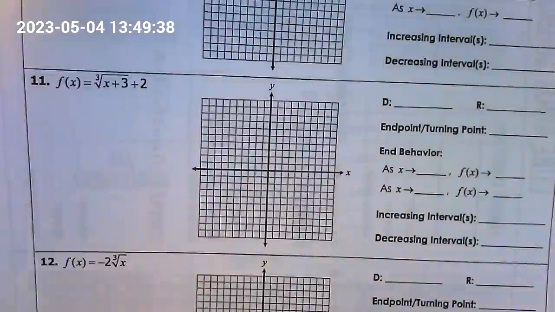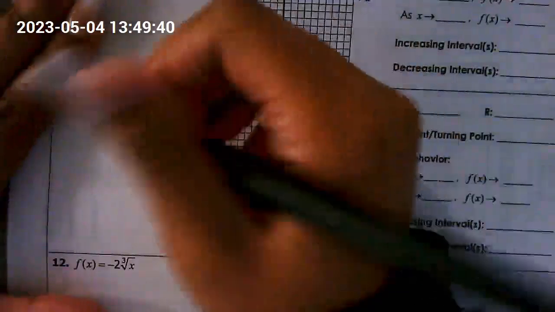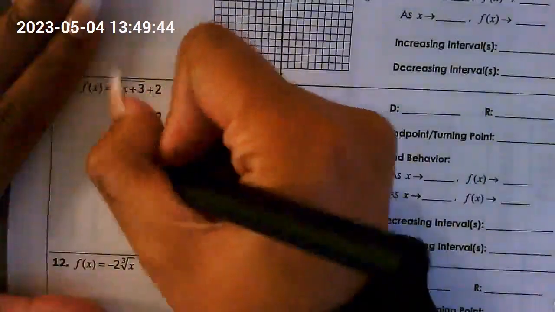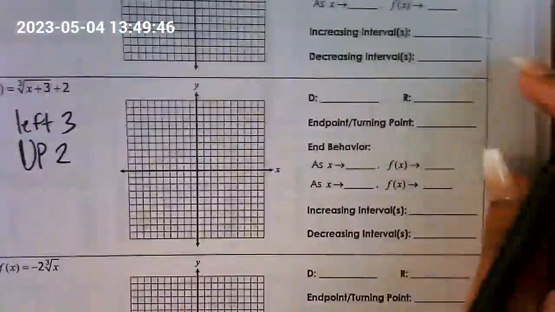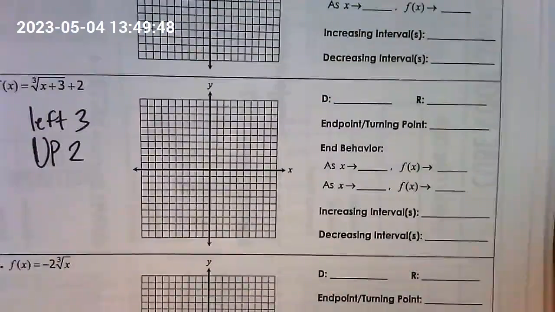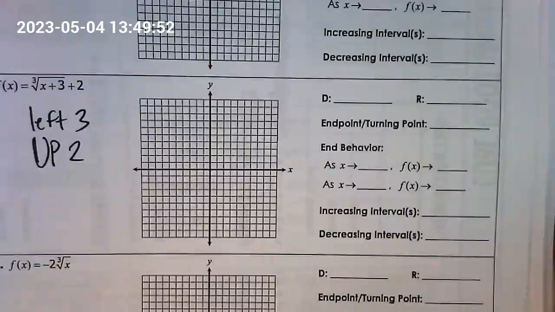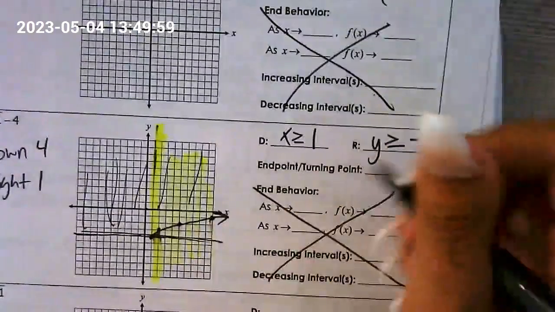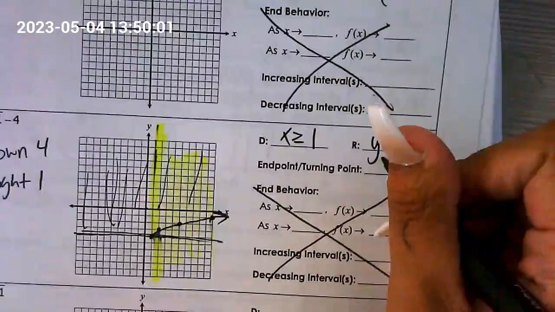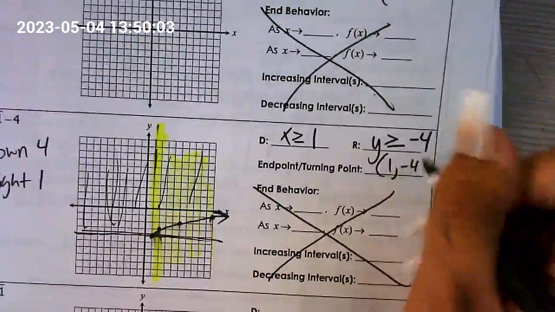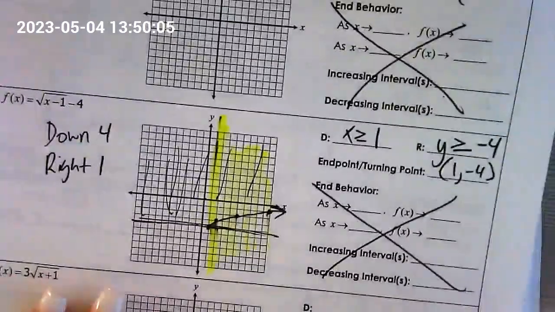Alright, so the cube root function is going to go left 3, up 2. How did I do that? Oh, I didn't do the turning point. Sorry. The turning point is 1, -4. I'm so sorry. My bad.